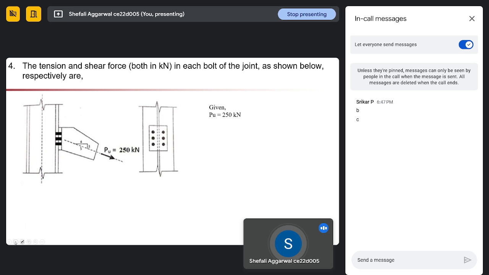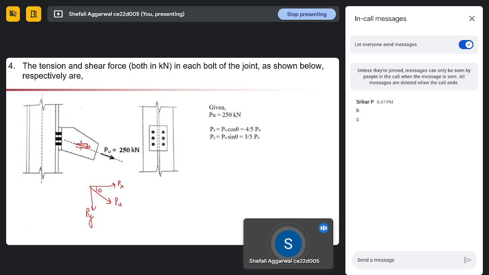So what is given to us? A PU value is given to us as 250 kilonewton, right? Since this is not acting at a right angle and these values are given here, we can calculate, this is PU, we can calculate PX and PY, right?